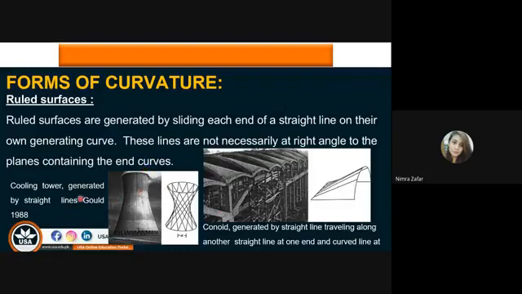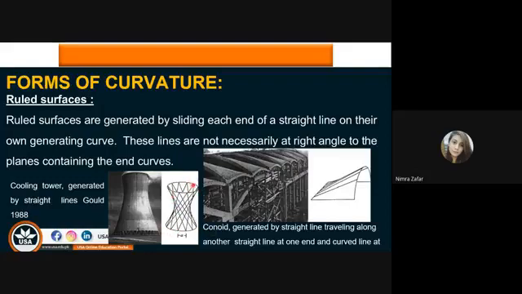So what is happening in ruled surfaces? Basically, these straight lines are producing a curve. So you can see an example of a cooling tower. It has straight lines and they are creating a curve. This curve, this curve, this curve.